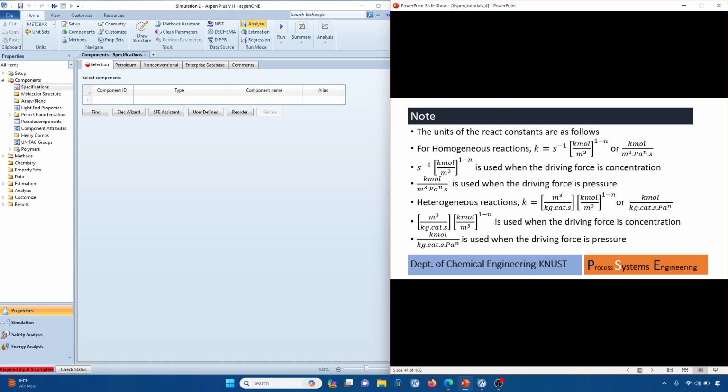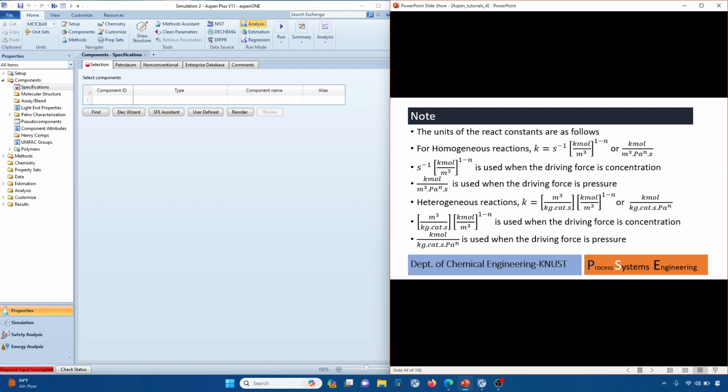When it comes to the kinetics of these reactors, Aspen has fixed units that it uses for solving these problems. And sometimes it's problems with these units that makes working with these reactors complicated.